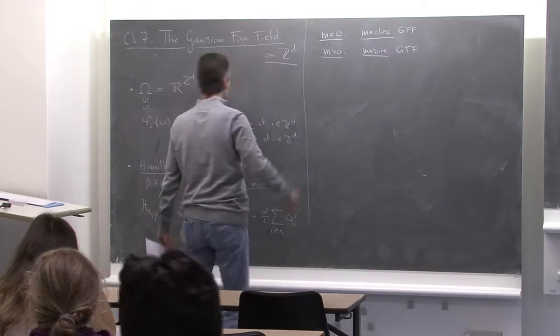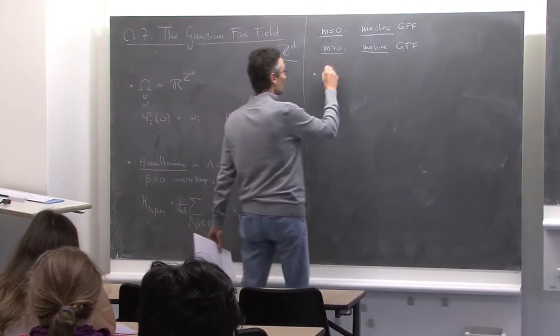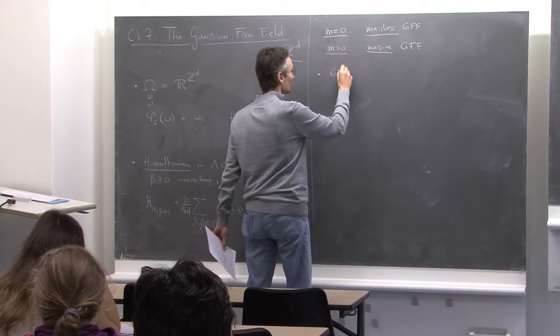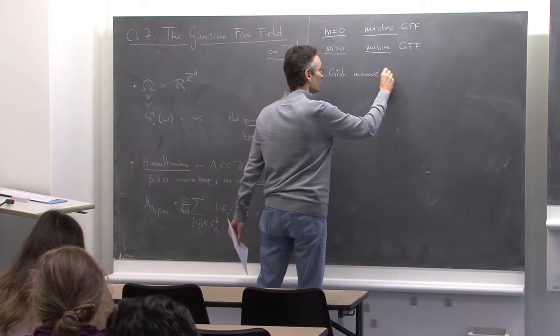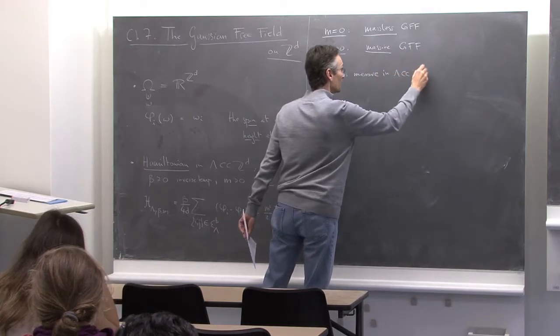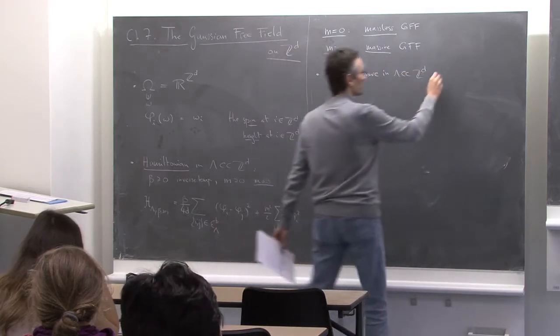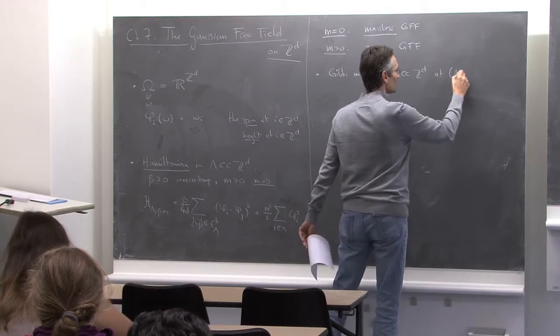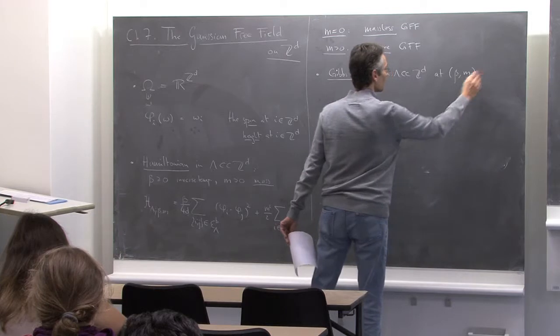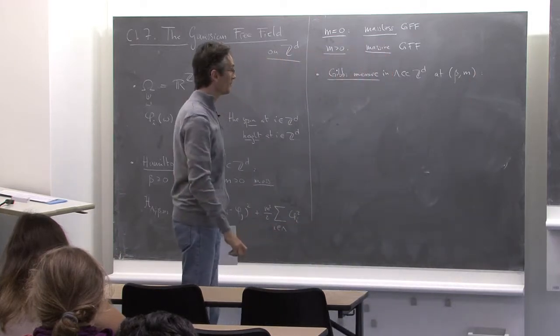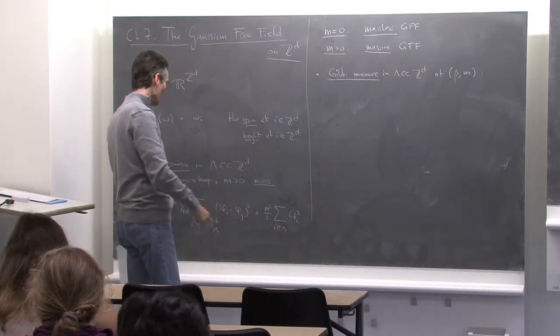Once you have the Hamiltonian, you can define the Gibbs measure as usual. So the Gibbs measure in lambda, at parameters beta and m. It's a probability measure. There are several ways to see it.